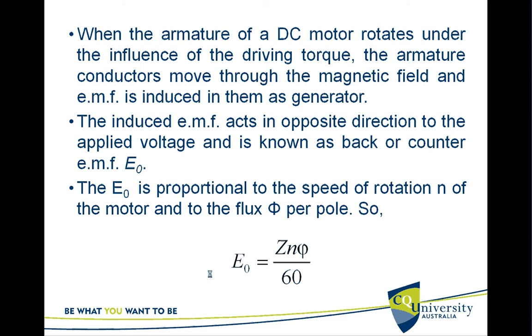Usually we denote it as E naught. The E naught is proportional to the speed of rotation n of the motor and to the flux phi per pole. Therefore, we can write E naught as Z n phi divided by 60, where n is in RPM again.